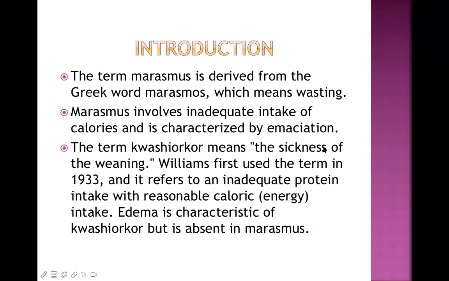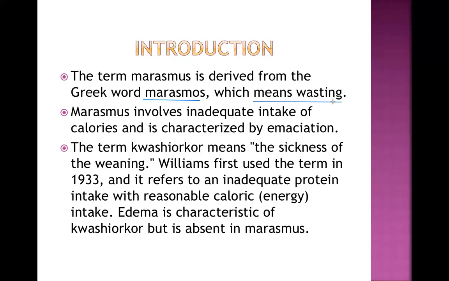Now, the term marasmus is derived from the Greek word marasmos, which means wasting. So let me go slowly, with the proper description here. Wasting means there is no subcutaneous fat and there are no muscles. Muscles are there, they are not disappearing, I'm not saying that, but these muscles become very, very atrophied.